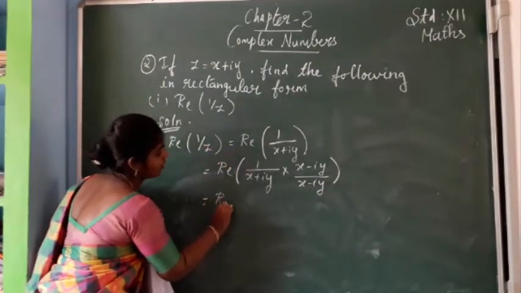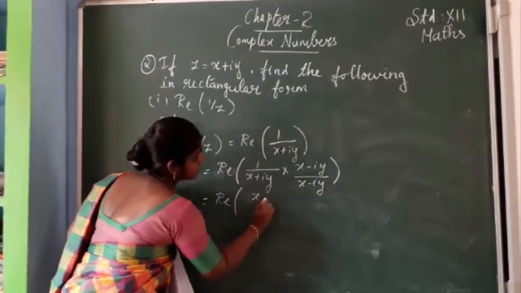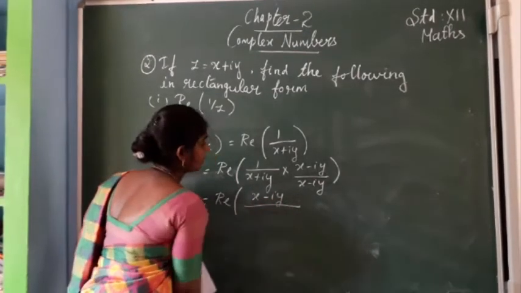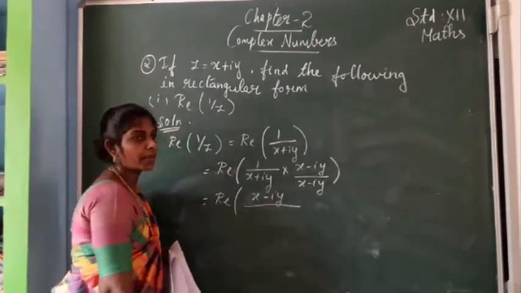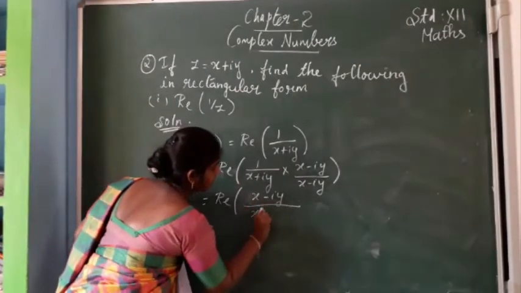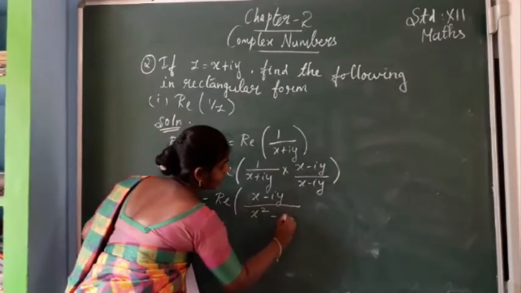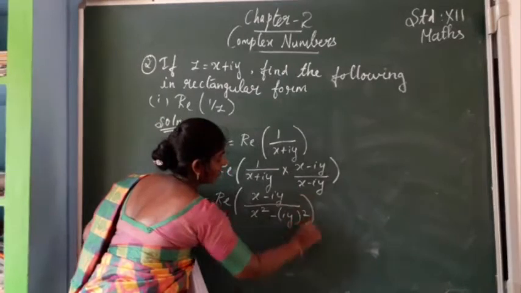That's equal to real part of (x minus iy) divided by, using the formula a square minus b square, x square minus (iy) the whole square.